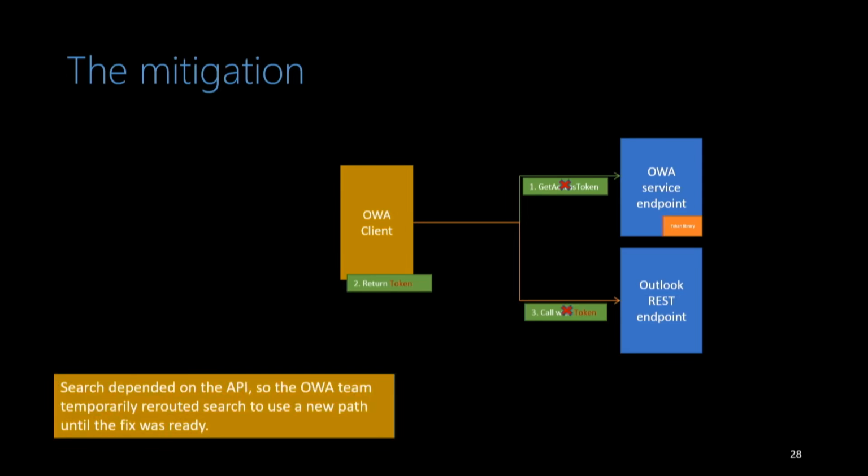And search, since it's very critical for any meaningful OWA experience, the OWA team rerouted search back to the Outlook endpoint, which was not optimal, but it made the client work nonetheless. There were some minor functionality losses, but we were okay with that at this stage. But the most important thing at this point of time was that this issue could not be exploited anymore.